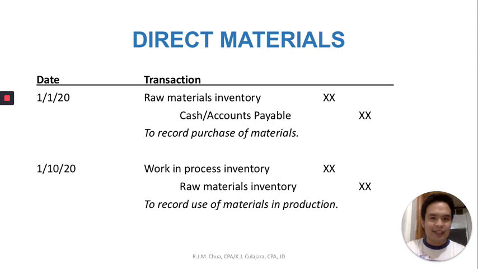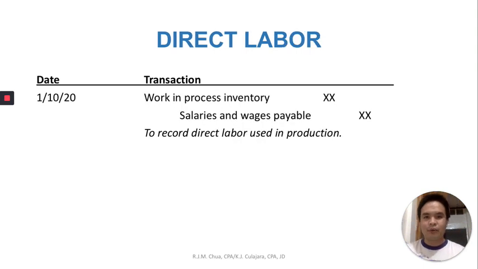Sunod, direct labor. Okay? Direct labor again is labor directly traceable to the product. So, once again, the moment you put something into production, pumapasok siya sa work in process inventory. So, in this case, yung mga laborer mo, mga karpintero, ilalagyan mo na, you spend for them so that they can produce your furniture.